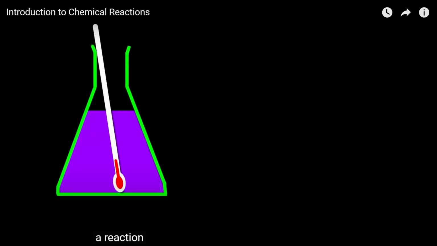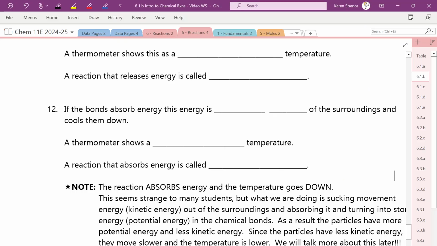And what kind of reaction is this? Endothermic, yes. Okay, so we're going to see if it'll write this time. Pull, it does, that's good. Pulled out. A falling temperature. A reaction that absorbs energy is called endothermic.